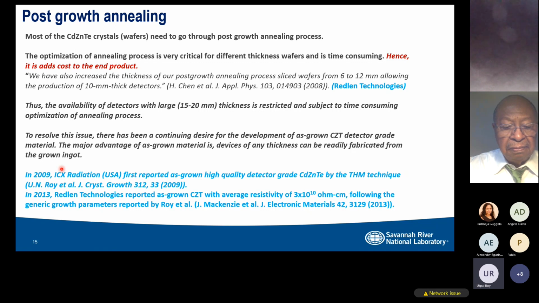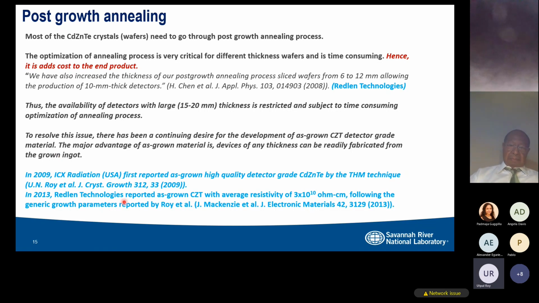As a result, the material had very little thermal stress inside, so a very low amount of dislocations. And they eventually get as-grown detector grade material. So you do not have to post-growth anneal or do anything. You can just cut it and make the detector.